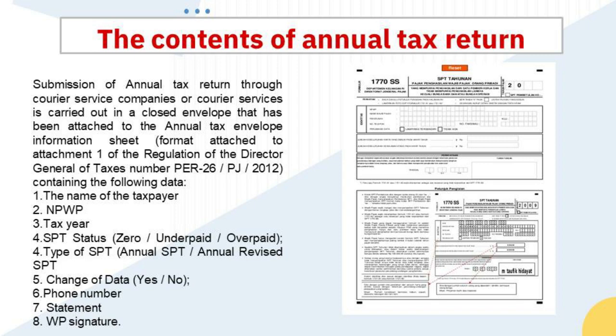Divided annual SPT and annual receive SPT. 6. Change of data. You can choose yes or no. 7. Phone number. 8. Statement, and the last WP signature.